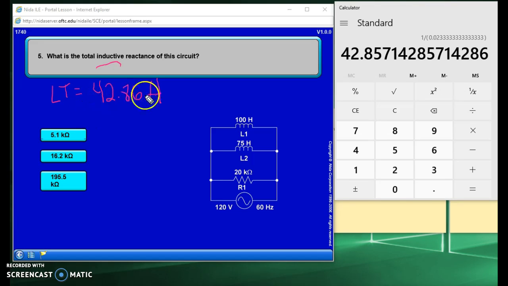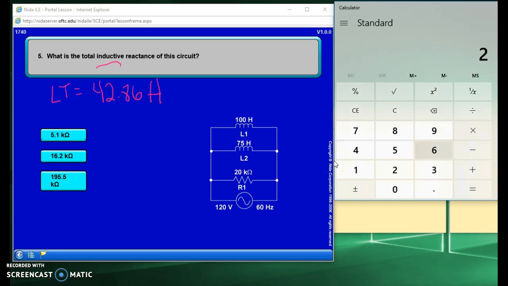So we've got 2 pi FL, this 42.86. So I'm going to come over to my calculator, and we're going to say 2 times 3.14, which is pi, times frequency, which is just 60 hertz, times 42.86 equals.